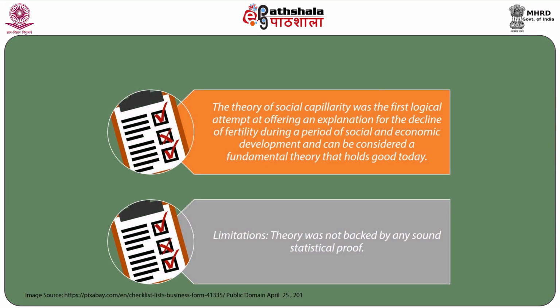The credit of this theory is that it emphasized the need for investigating individual attitudes in their social context in order to determine national population trends. However, even though this theory has been largely appreciated, it has also been subjected to certain criticism. The criticism is that this theory is not backed by sound statistical proof.